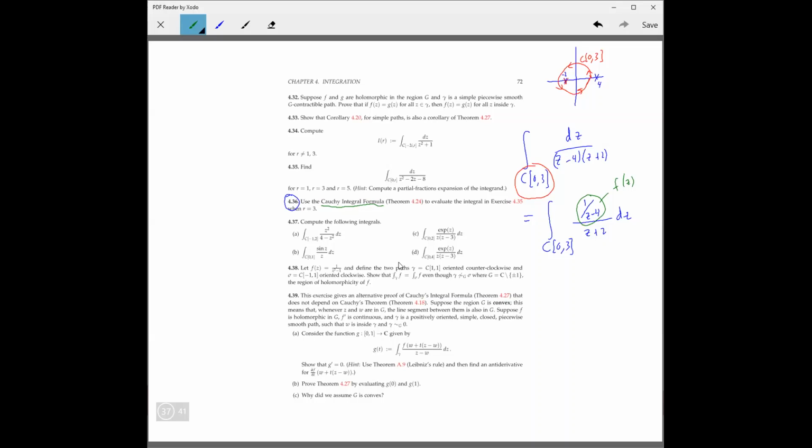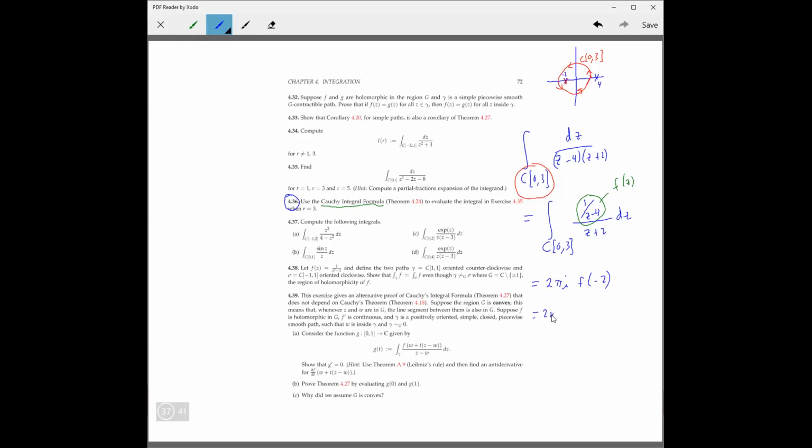Okay, so that means that the integral is going to be equal to 2 pi i times f evaluated at -2. That's according to Cauchy's integral formula.